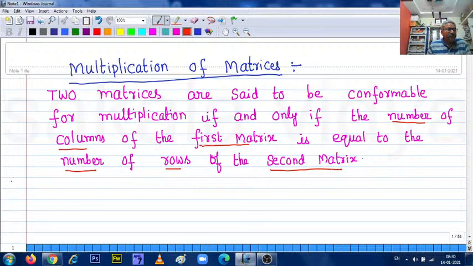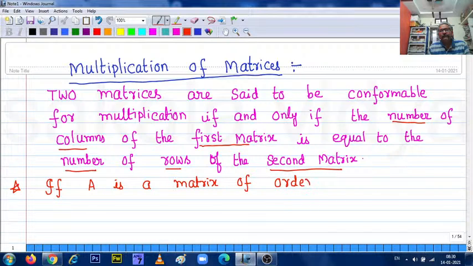Suppose A is a matrix of order m by n and B is a matrix of order n by p.